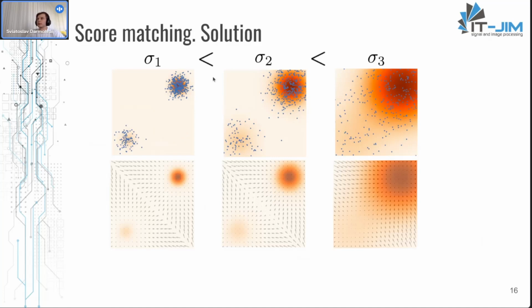So the solution that was tried and worked pretty well is to add some Gaussian noise to the original data. So we would enlarge this manifold where the low energy data is sitting.